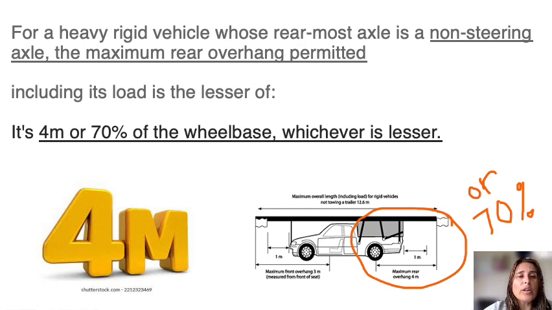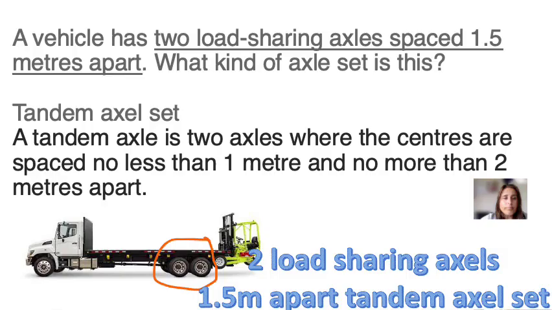So just remember here that you're looking at the rearmost axle, not steering, and you're looking at the maximum overhang for it, and it's only 4 meters or 70% of the wheelbase, whichever is lesser.